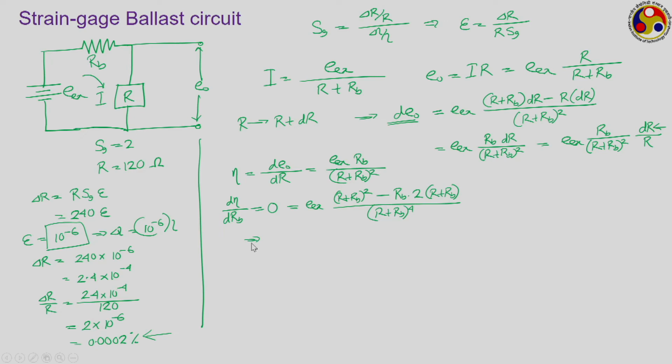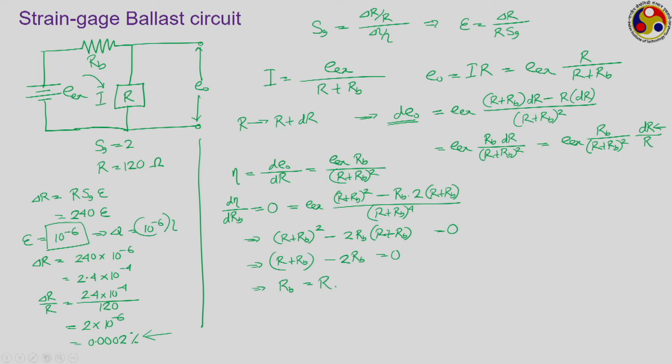If we simplify this, then we have R plus RB whole square minus 2 RB into R plus RB is equal to 0, or R plus RB minus 2 RB equal to 0. So, if we simplify this, what do we have?